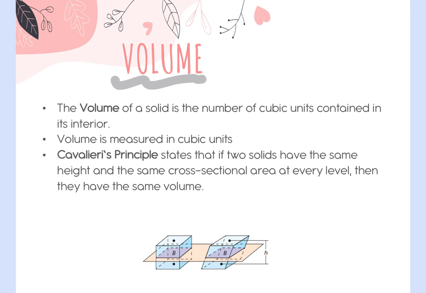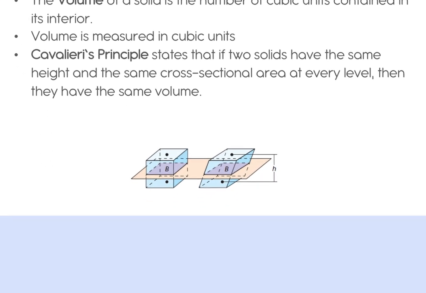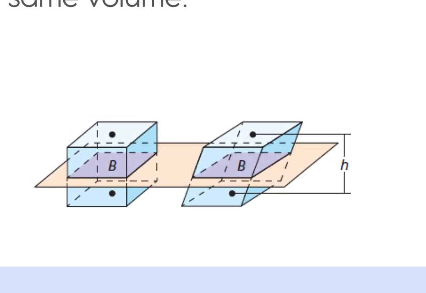Cavalieri's principle says that if two solids have the same height and the same cross-sectional area at every level, then they have the same volume. So if you were to just compare these two objects that are here, they're both prisms. One is a square or rectangular prism, and the other is what appears to be a rhombus, but it is at least a quadrilateral.